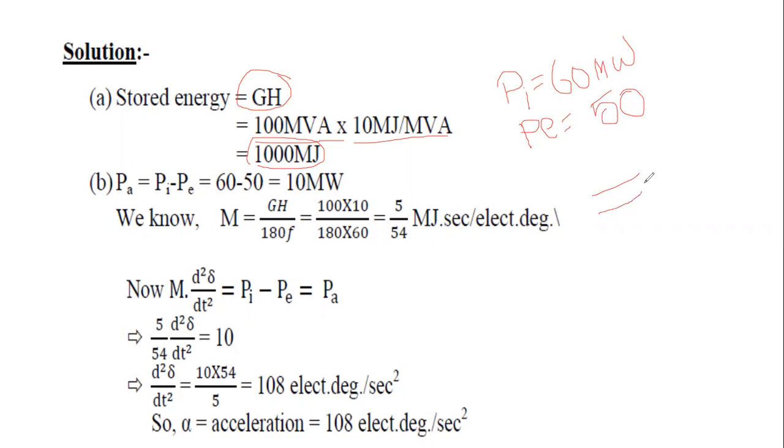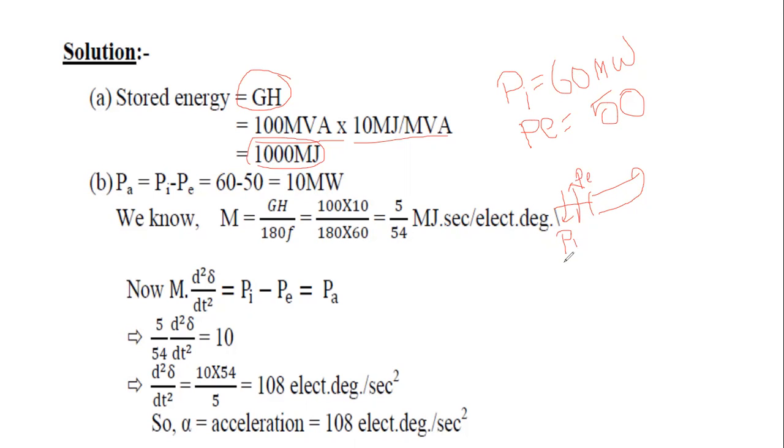We are considering the alternator, which has two powers or two torques, Pi and Pe, Ti and Te. In between these two we obtain the swinging torque.